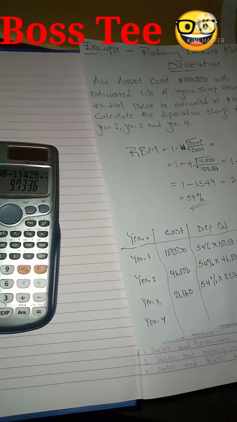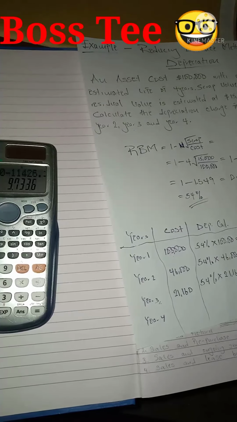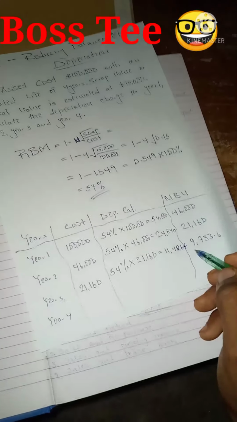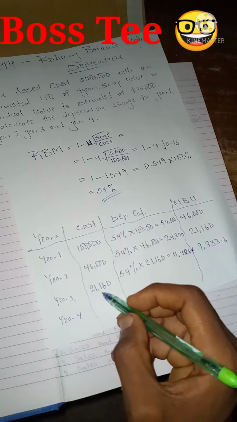We arrived at 9,733.6. After reducing our depreciation from the value of the asset in year 3, we arrived at 9,733.6.